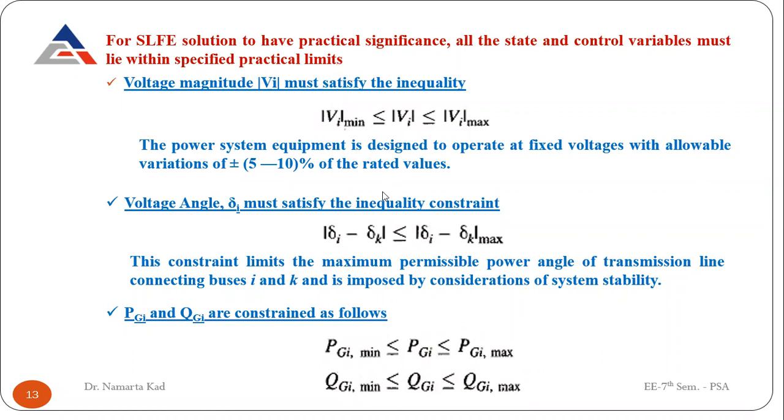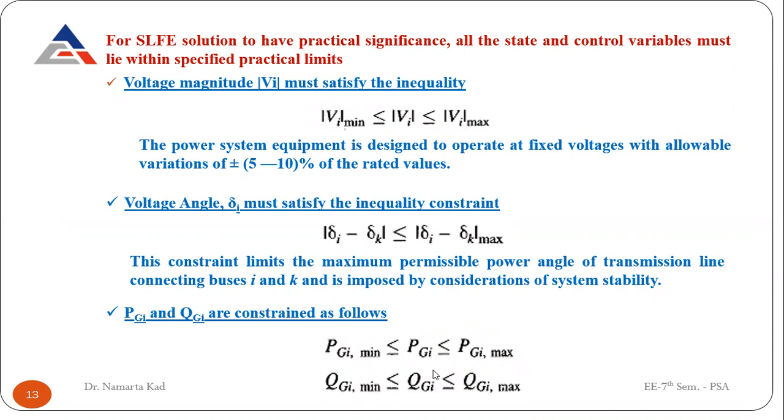Like there are practical limits for voltage, for angles, for active power, for reactive power. These values must lie within the limits. Generally the limit for the voltage has some minimum and maximum value, like between 0 to 220, say. Similarly, there is some minimum to maximum limit for the angle also, and for real power or reactive power also.